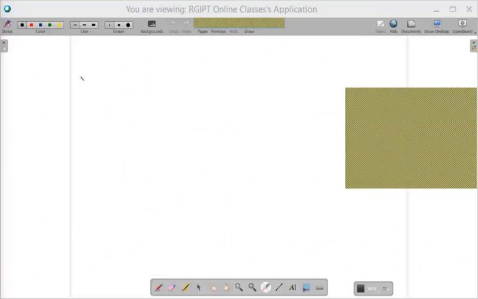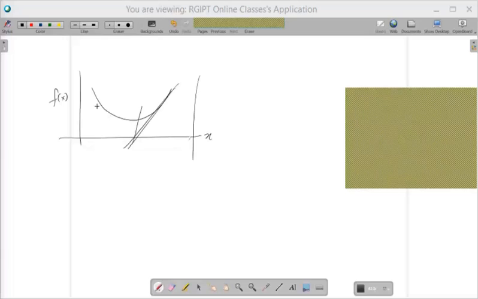For example, in the one variable case, you may have a function that is not zero at all. Suppose I have a function f of x which does not have a root. It may look like this, and this is my x equal to zero. It may so happen that you go over here, and then you can choose values which keep oscillating, and you will reach very close to zero.